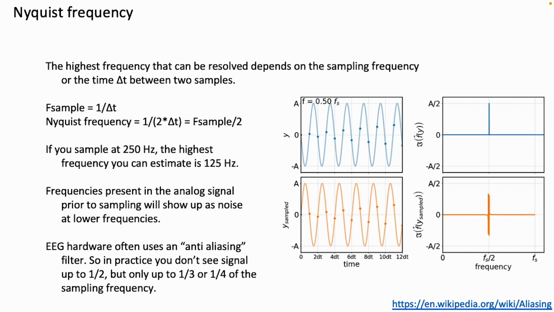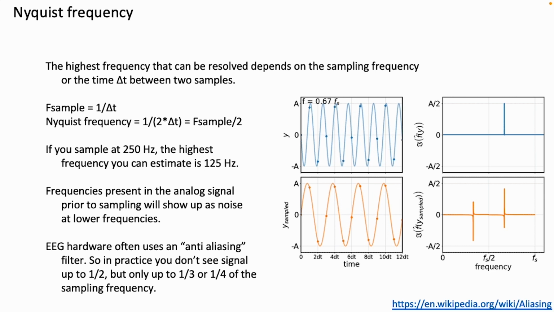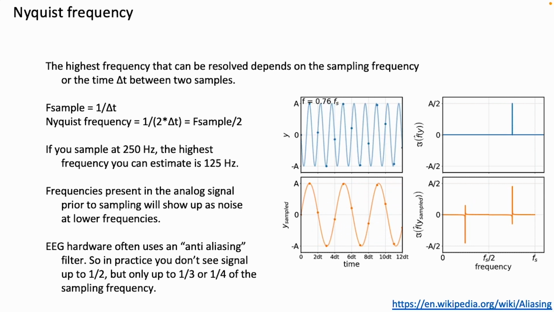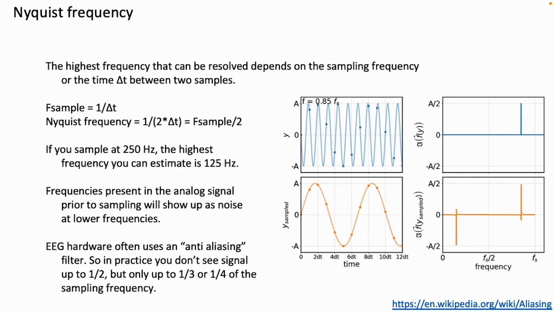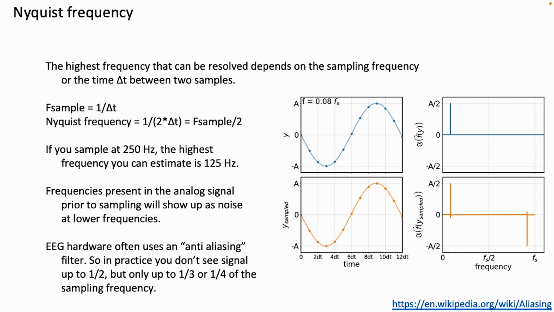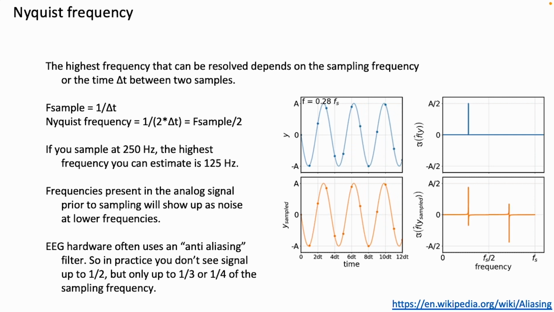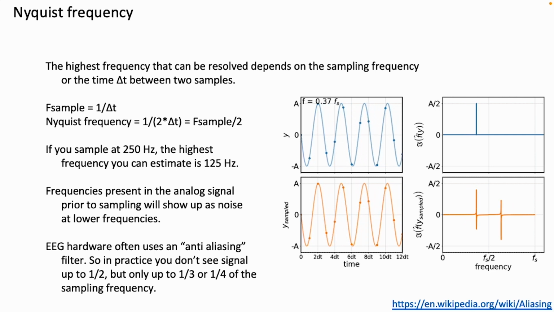of the sampling frequency. So I showed you this Unicorn amplifier, the very small one, the 8-channel version. That one samples at 250 Hertz. So in principle, you would expect that you could record signals up to 250 divided by 2, up to 125 Hertz.